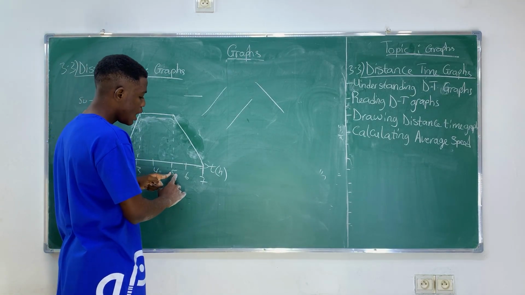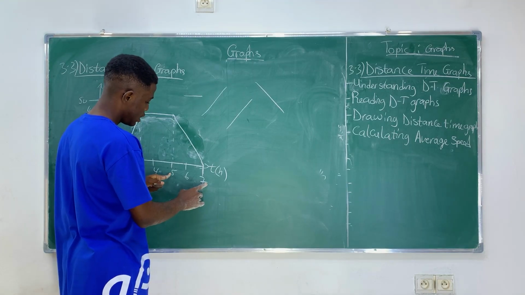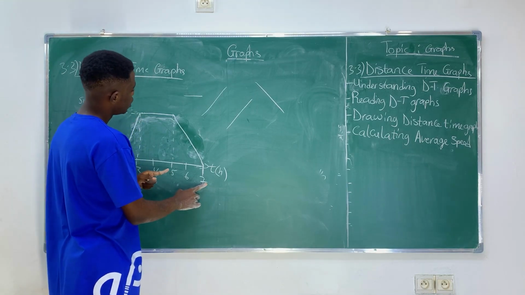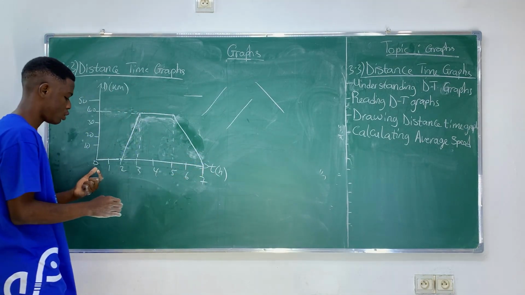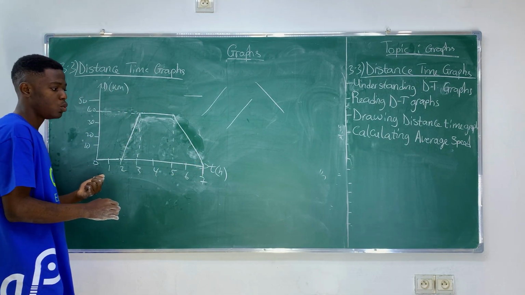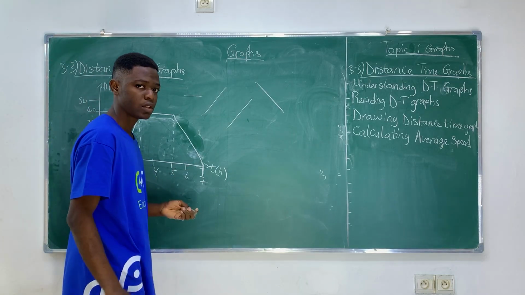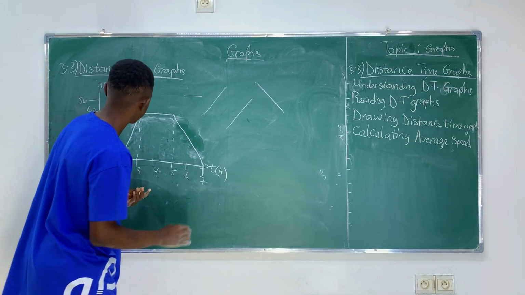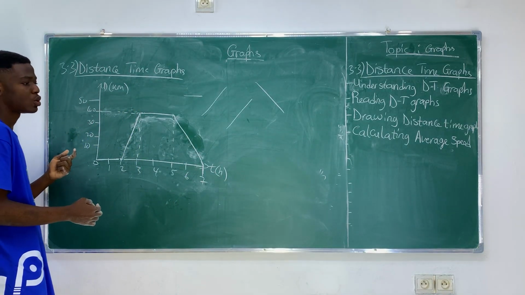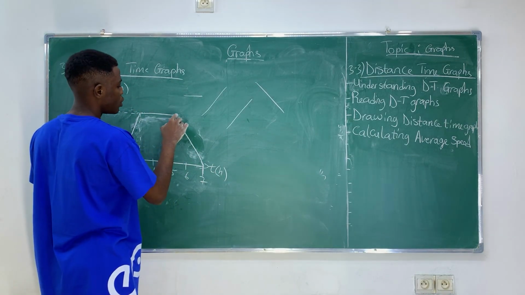From the 5th hour to the 7th hour, the car moved back to its original position with a constant speed. That is what you say. You see, here he stopped, he was at 40.